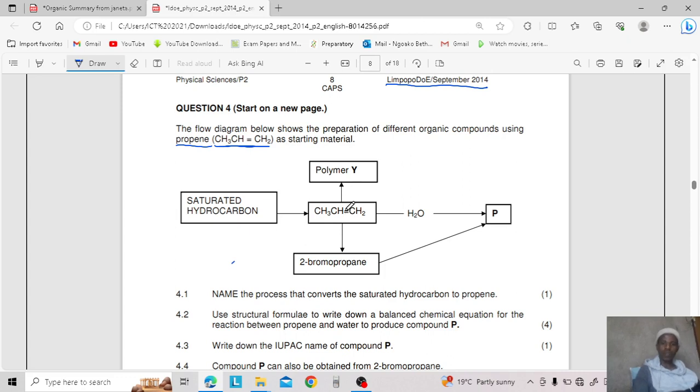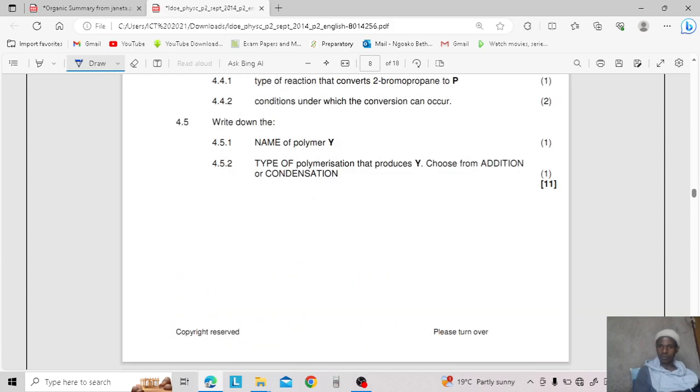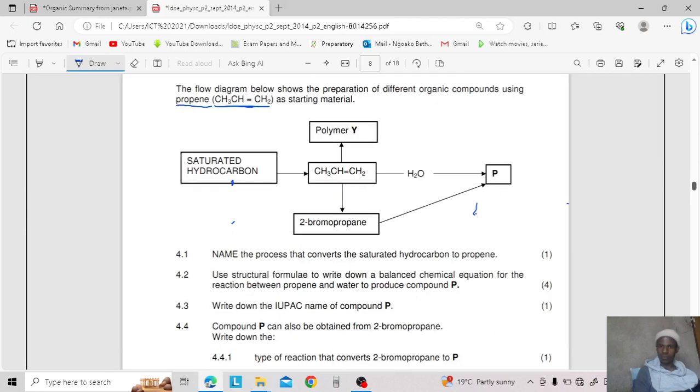This is what we have. Let's move through the questions. These are the questions.